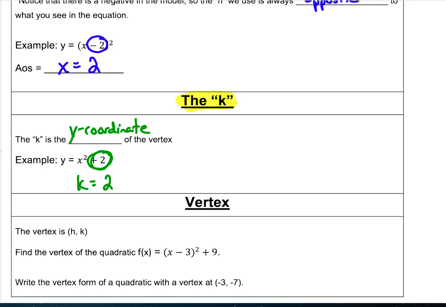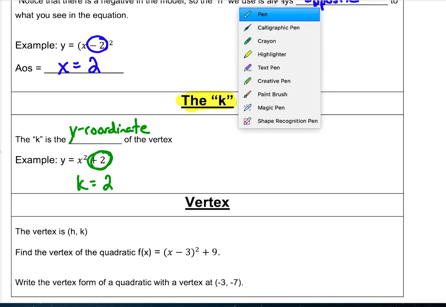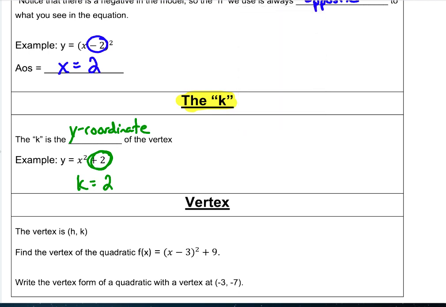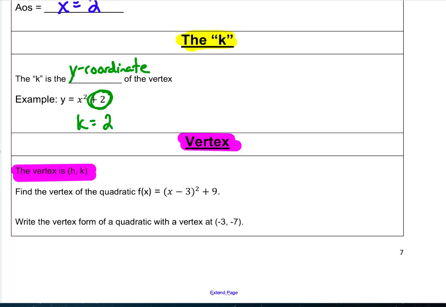So the h is the one in with the x, the k is the one being added on at the end, and then our vertex is always the point h comma k. So we're just identifying those two pieces of information from within the problem. So for this one, my h is 3 and my k is 9, so it has a vertex of 3 comma 9.